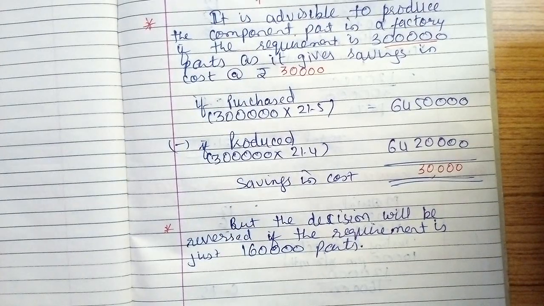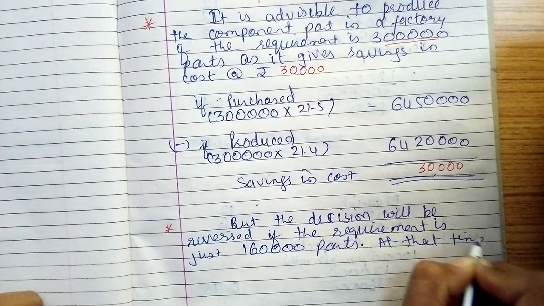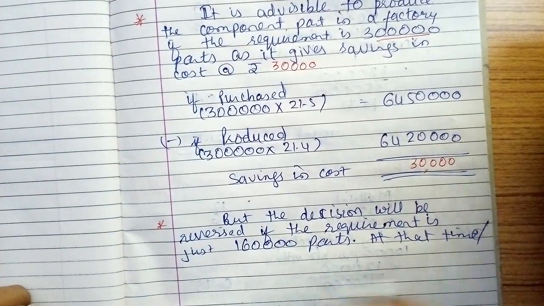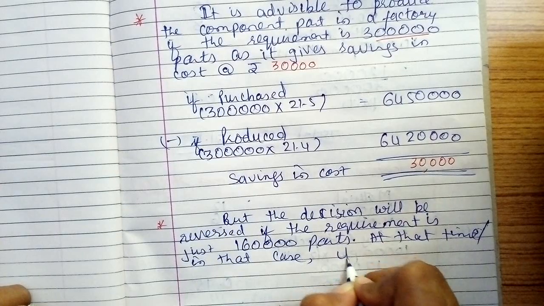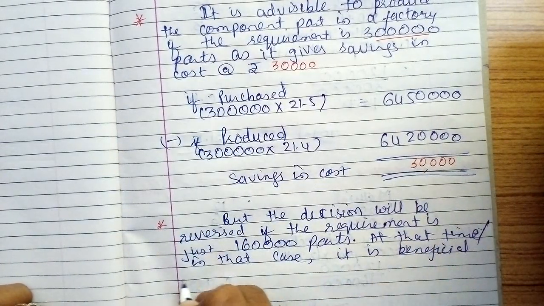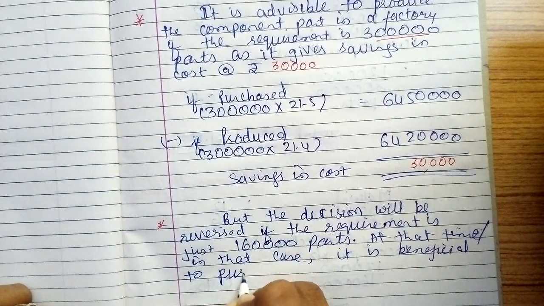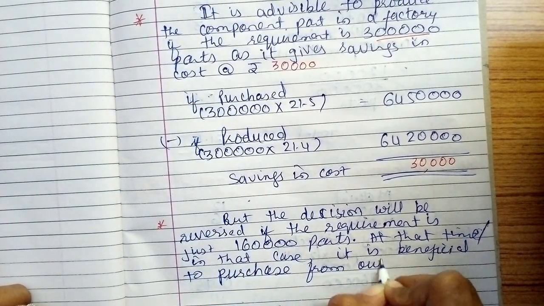Decision will be reversed at that time, or in this case it is beneficial to purchase from outside.